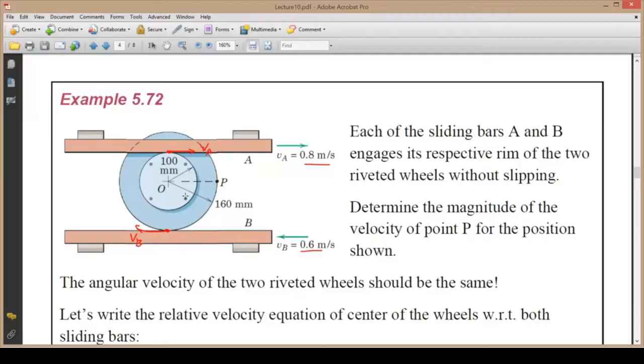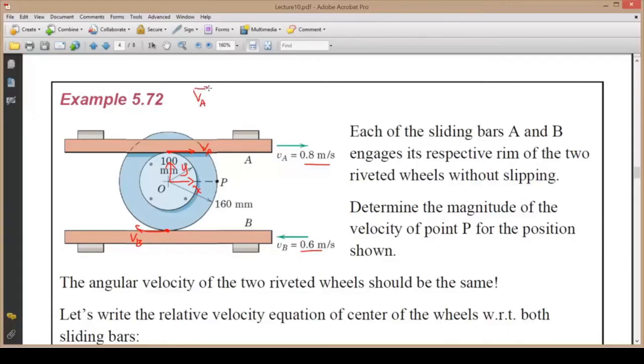Now we can write out a bunch of equations for this, and we can declare a frame to investigate this motion. For example, we can say that this is the x-axis, and in the vertical direction, that's our y-axis. And we can write out an equation for the VA velocity.